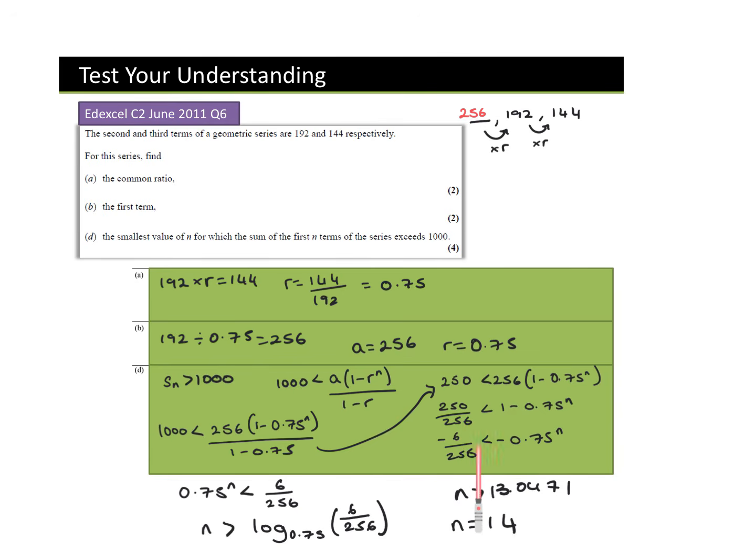It doesn't. I then divided everything by -1. This should change the sign. So how has it now changed to greater than here? Oh, yeah, I did change it. I put it on this side. Okay, we'll come back to this.